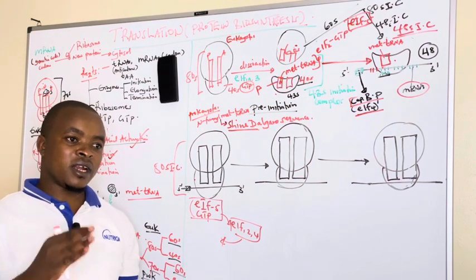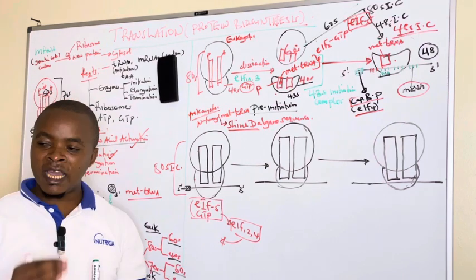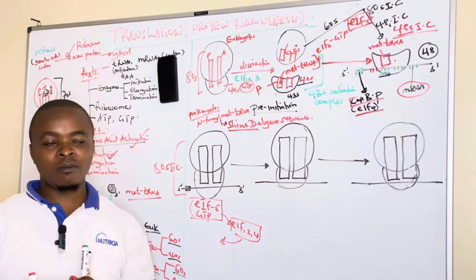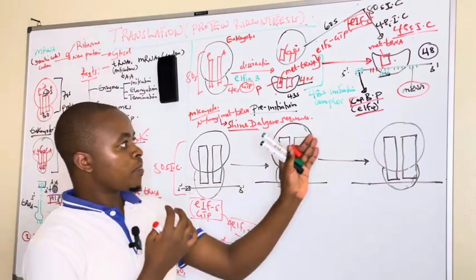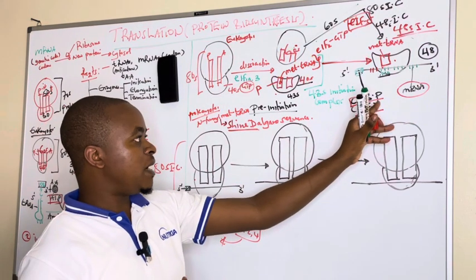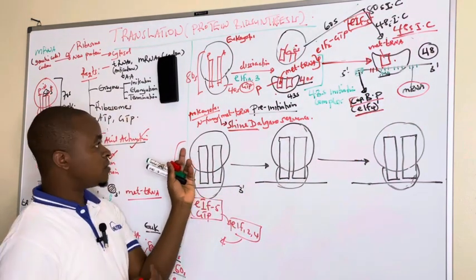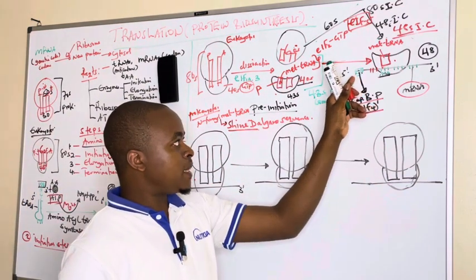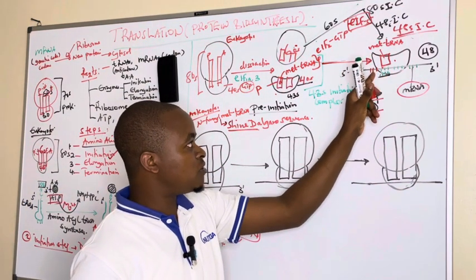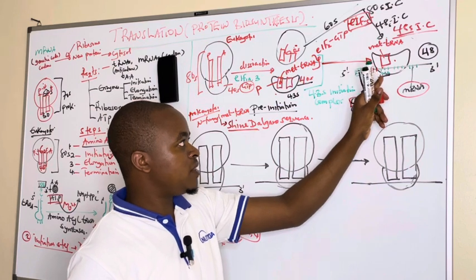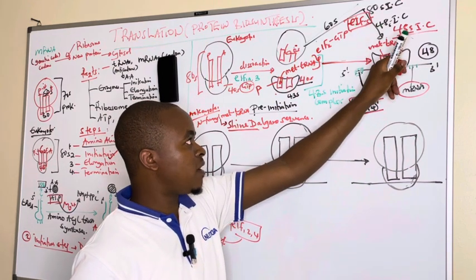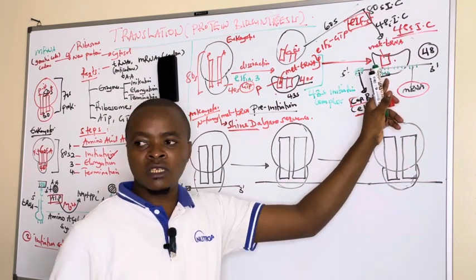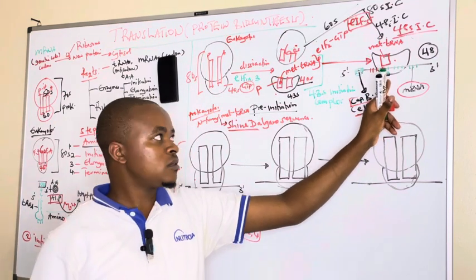The third step under initiation is the formation of the 48S pre-initiation complex, in which in eukaryotes we need cap binding protein, and in prokaryotes we need the Shine-Dalgarno sequence, to enable the messenger RNA to bind to the smaller ribosome, and then for the methionine transfer RNA to recognize the start codon, which is AUG.